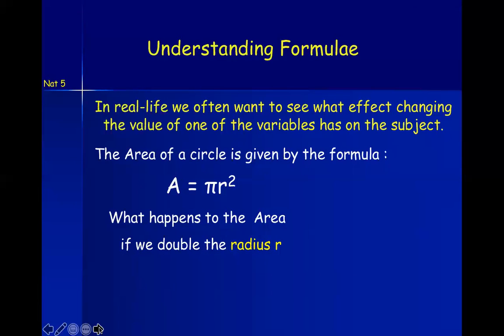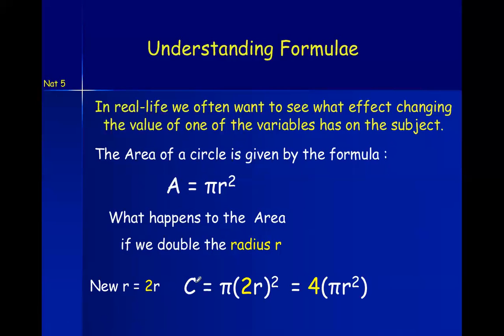Okay, so let's see what effect it's going to have. Because we've got 2r now, r becomes 2r, so you get pi times 2r square. And now what's happening? 2 square is 4, and the original area was pi r square. So if you double the radius, you times by 4 the area.